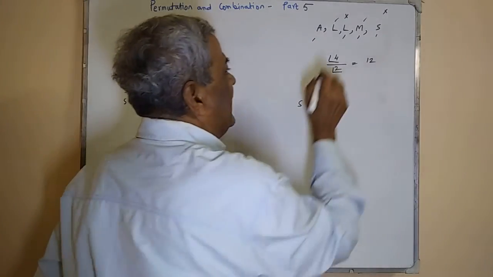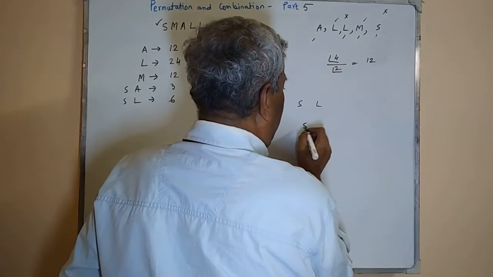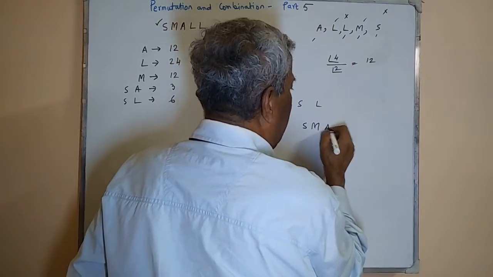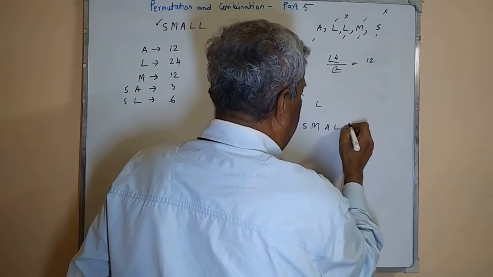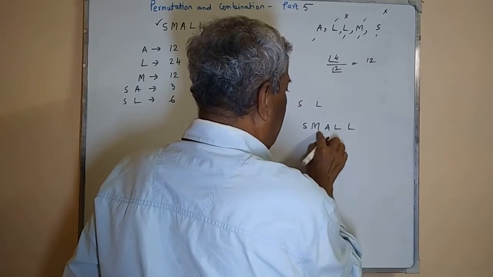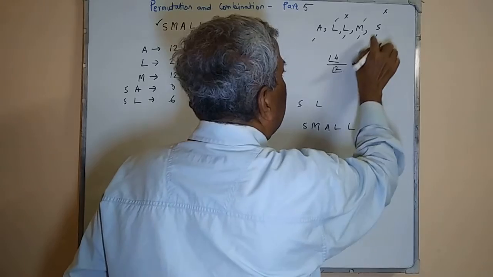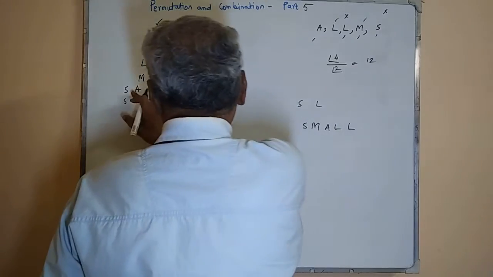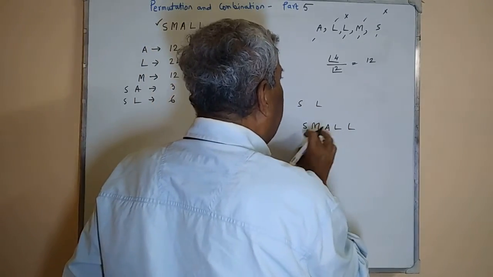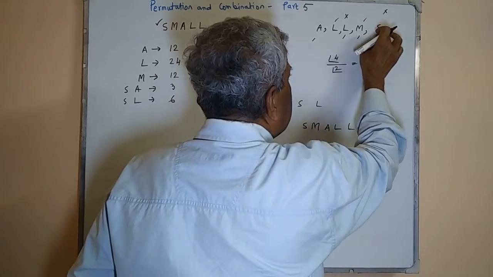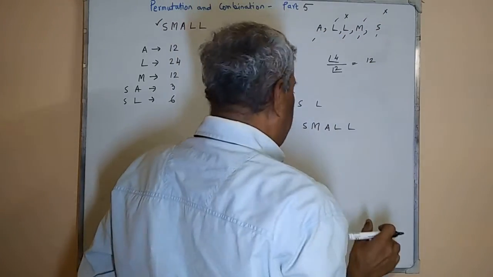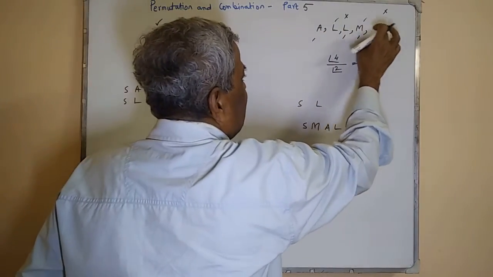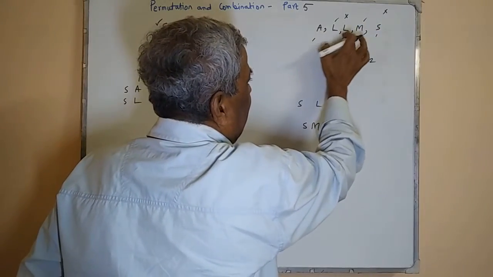After that, we get S, then M, then A as per dictionary. S then A is already considered, so S, M, then A, L, L, then comes SMALL.